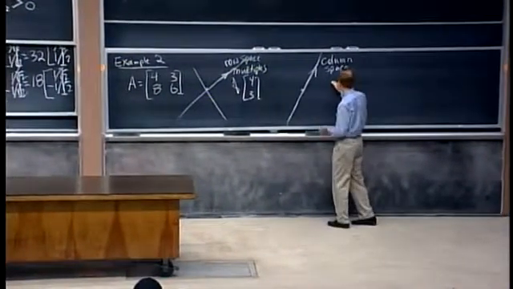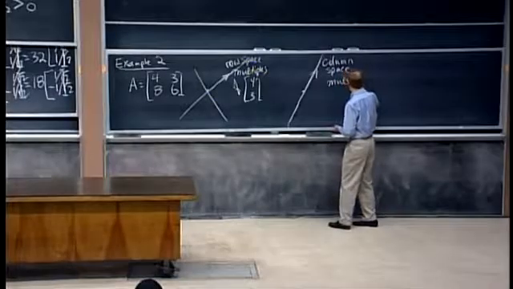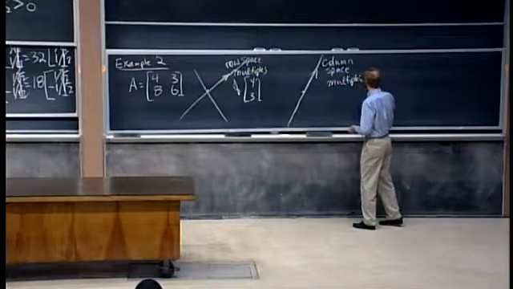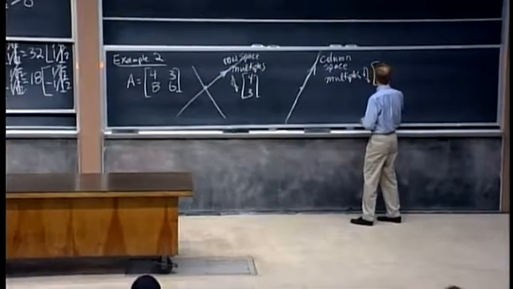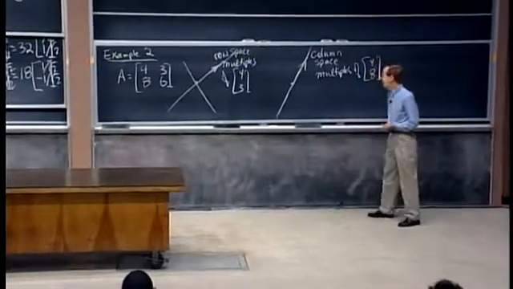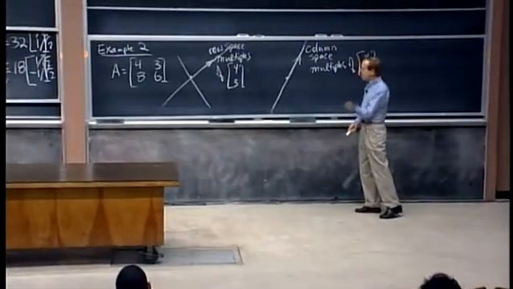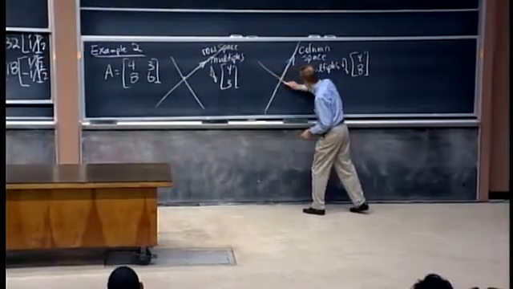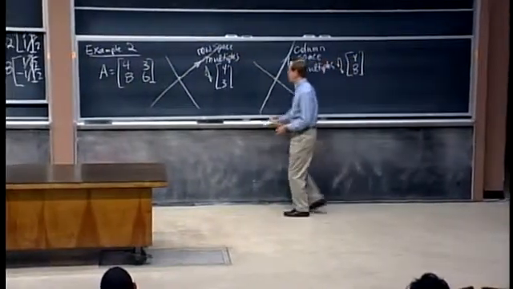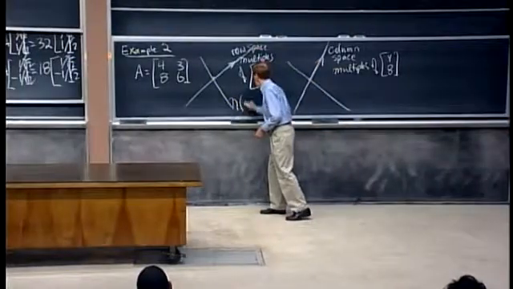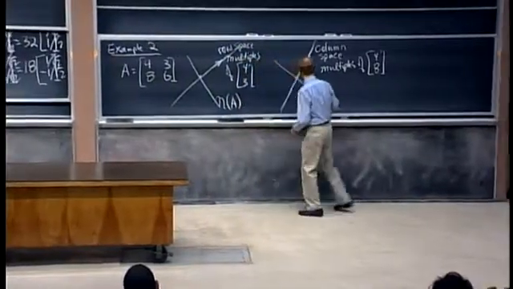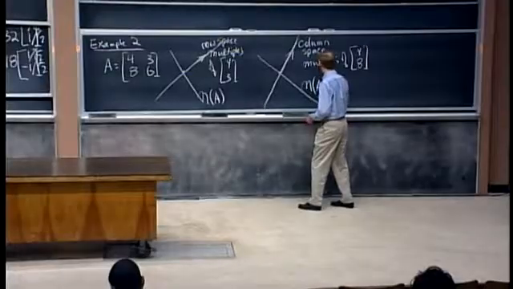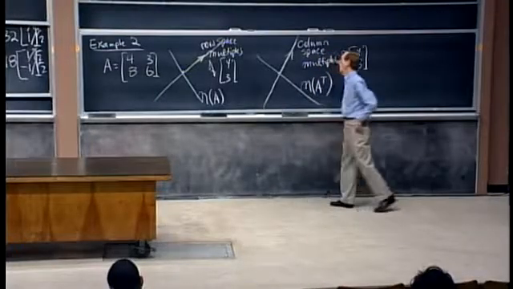It's multiples of 4, 8. Okay. And what's the null space of A transpose? It's the perpendicular guy. So this was the null space of A, and this is the null space of A transpose.